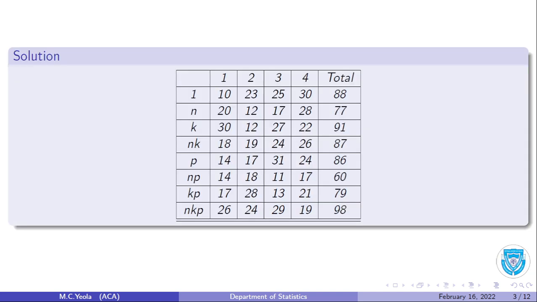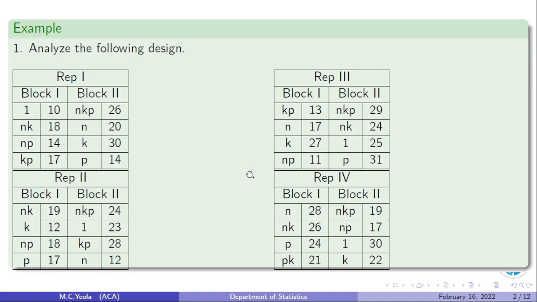So what we have done, like in the previous case, we have written this 1, n, k, nk, p, np, kp, nkp in the serial order, and the corresponding values in those replications here. 1, 2, 3, 4 are the replications. What is the value of 1 that we have taken from this data?